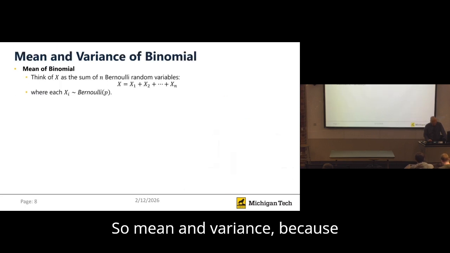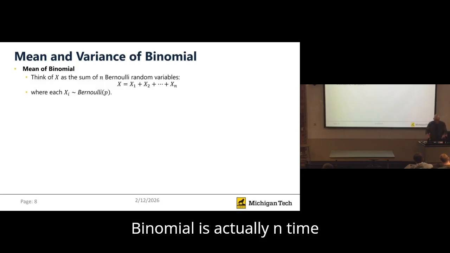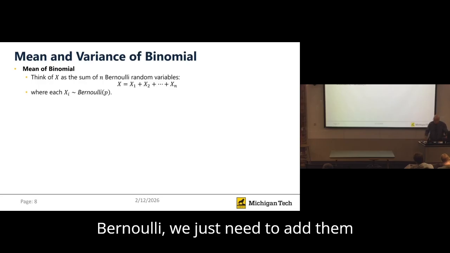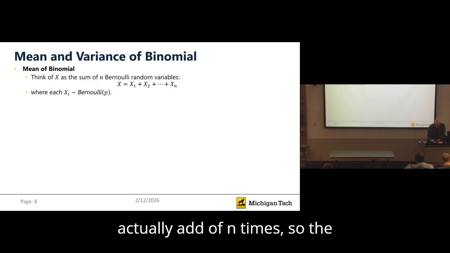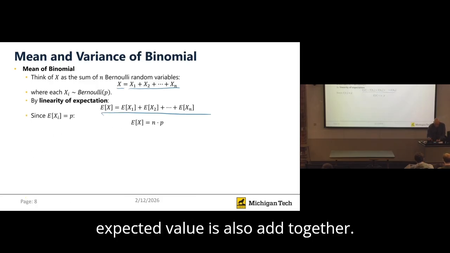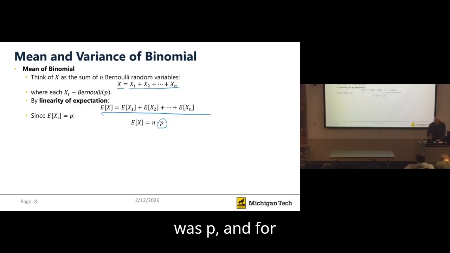So mean and variance: because binomial is actually n times Bernoulli, we just need to add them together. So X is actually the sum of n trials, so the expected value is also added together. The expected value for Bernoulli was p, and for binomial it is np.